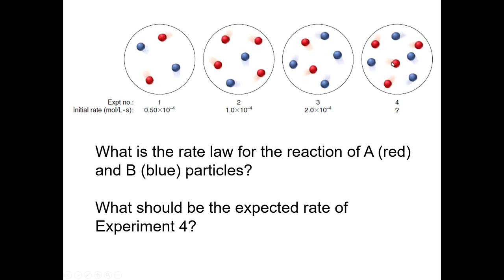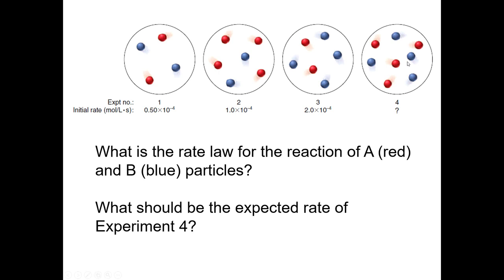There's a couple ways to do this. The easiest way is to look at experiment 3 and compare it to 4. So if we look at experiment 3, we have 2 red compared to 4 red in experiment 4. So A is doubling. But we have the same amount of B in both experiments. There's 4 in each.